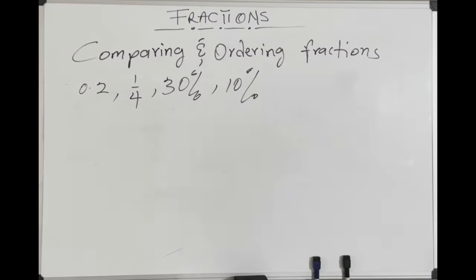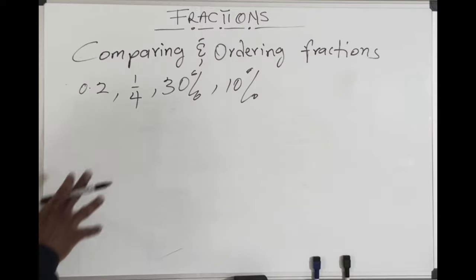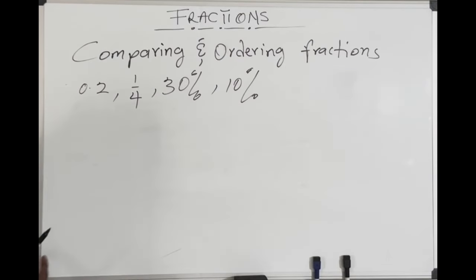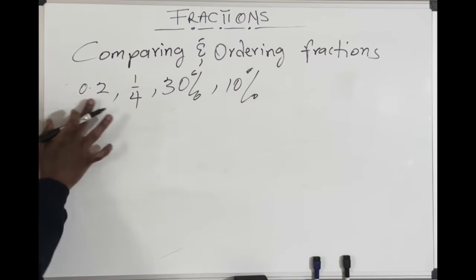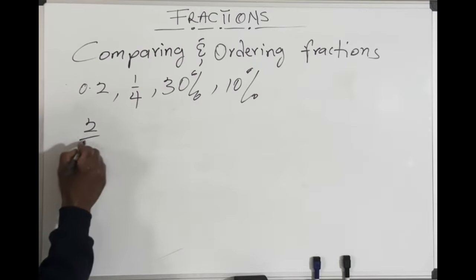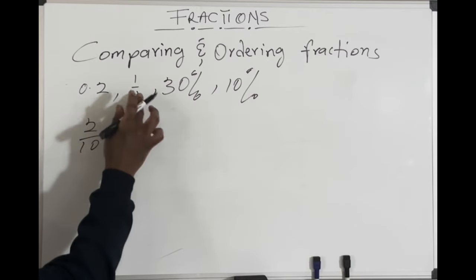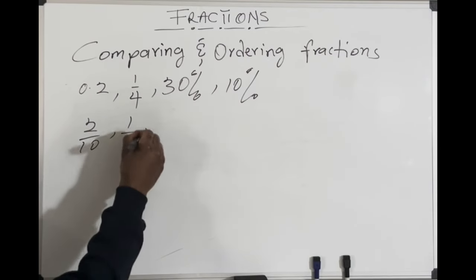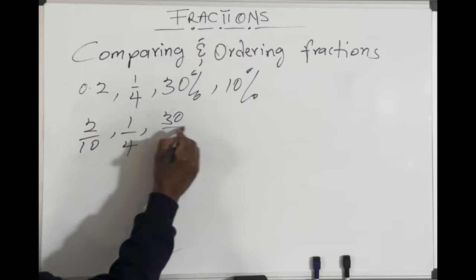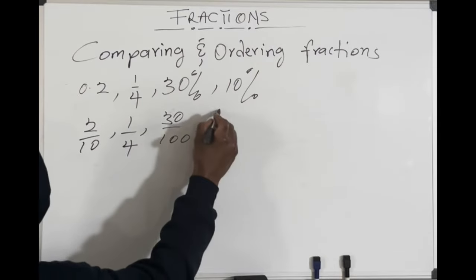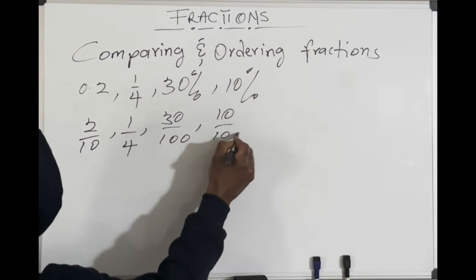You can't just start working on them unless you put them into the same fraction form and then also have the same denominator. So 0.2 will be 2 over 10. This is already a fraction, so 1 over 4. This will be 30 over 100. This will be 10 over 100.